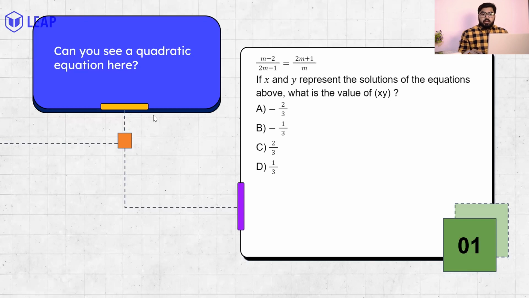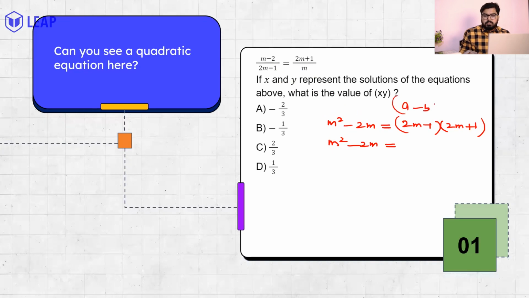Okay. So first of all, if you simplify this equation a bit, what do you observe? You have to cross multiply. When you cross multiply, you get m square minus 2m is equal to 2m minus 1 into 2m plus 1, right? It is of the form a minus b into a plus b, isn't it?